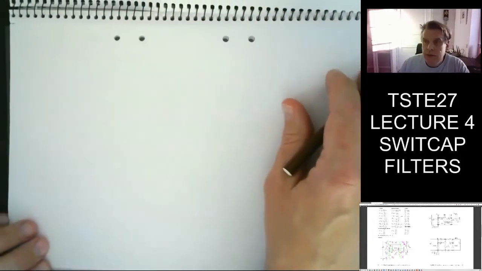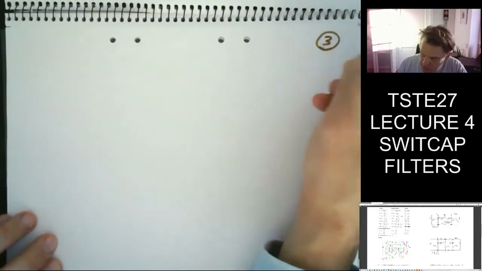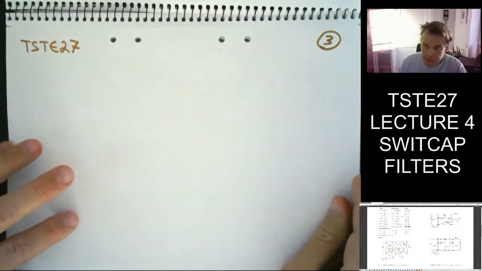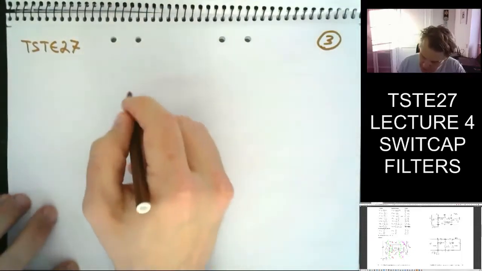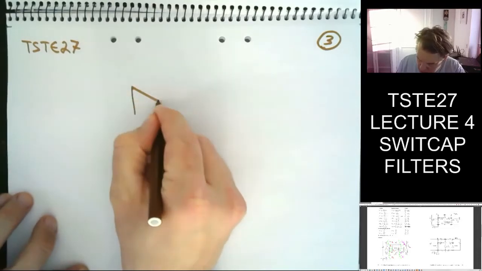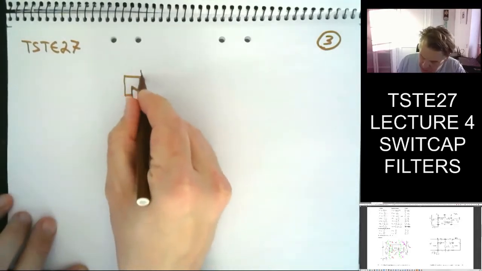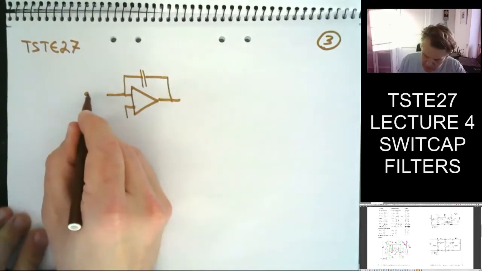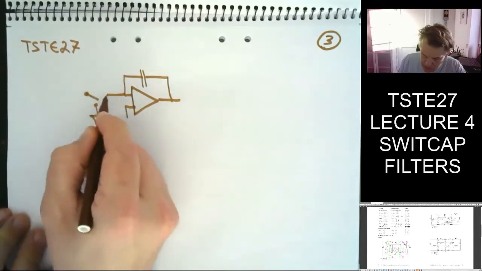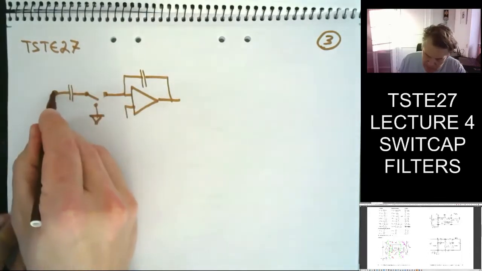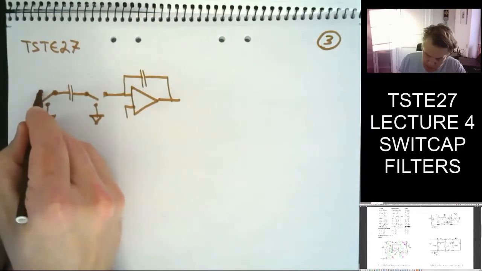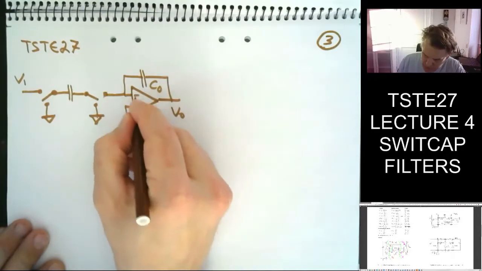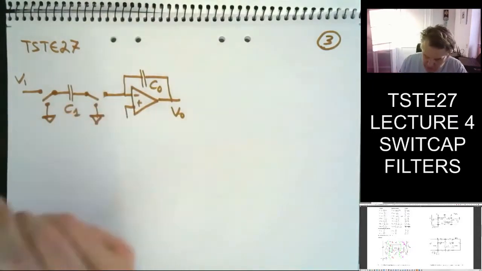And before we get to that, we just need to do one short observation. I'm just going to draw the diagram again for my own sake, more or less. So we have a switch like this, and we have a capacitor, and we have a switch and ground, and then V1, V0, C0 plus C1.